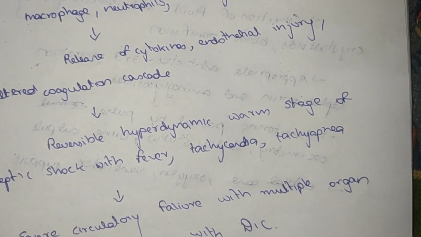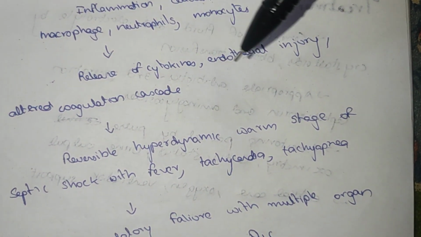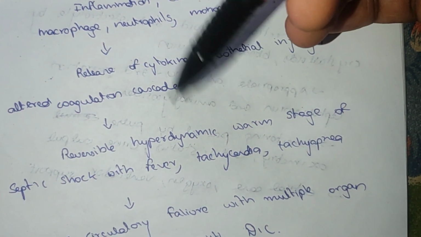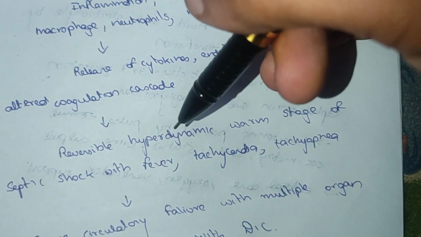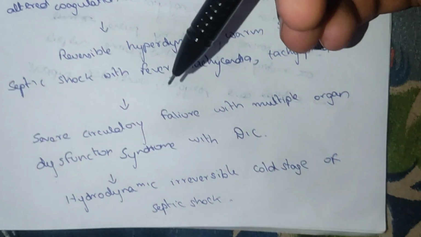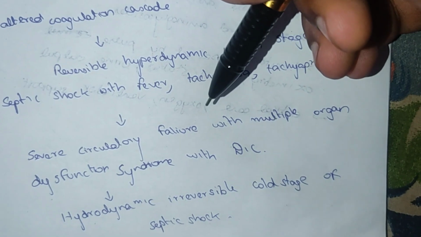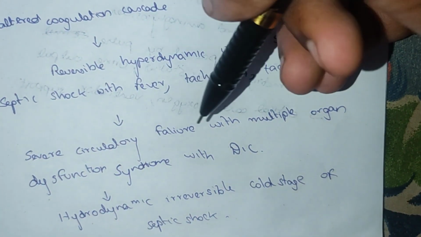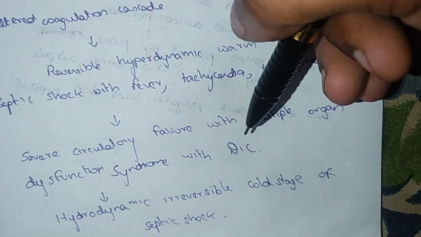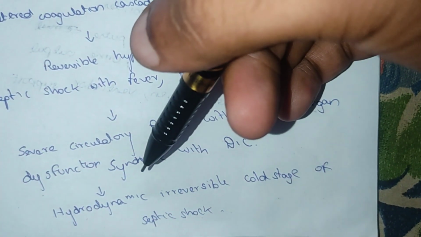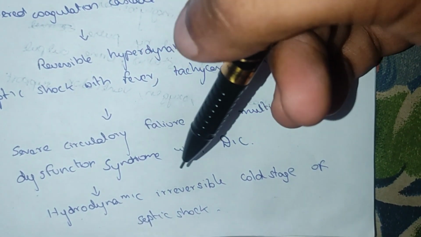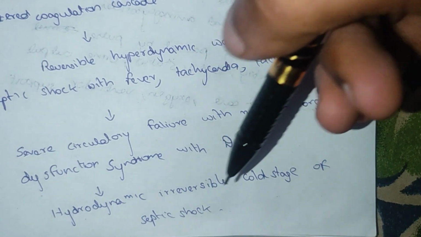Septic shock is divided into two types. One is the reversible hyperdynamic warm stage of septic shock, which causes fever, tachycardia and tachypnea. The other is seen when there is severe circulatory failure with multiple organ dysfunction syndrome with disseminated intravascular coagulation, which stands for DIC. These symptoms are seen in the hypodynamic irreversible cold stage of septic shock.